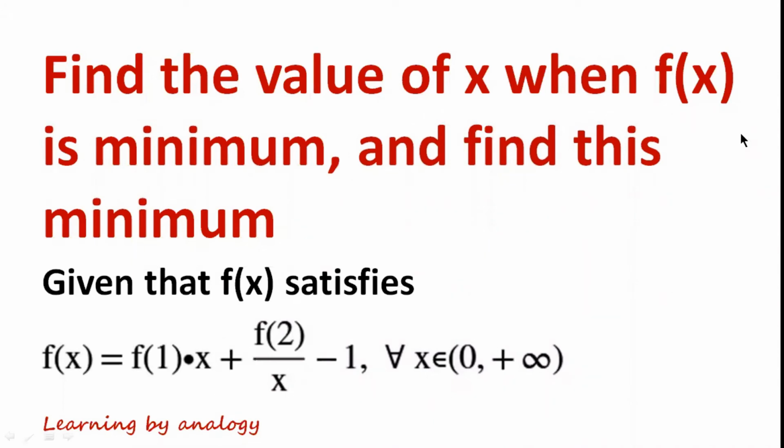Given that f of x satisfies f of x equals f of 1 times x plus f of 2 over x minus 1 for all x in the open interval 0 to plus infinity.